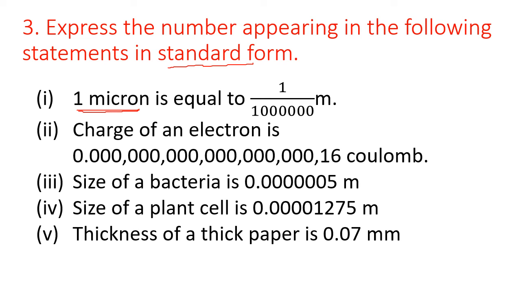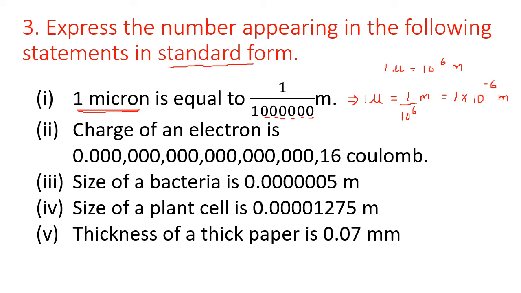So 1 micron is also written as 1 mu. 1 micron is 1 upon 10 raised to 6 meter, or 1 into 10 raised to minus 6 meter. So you have to write this as 1 micron equal to 10 raised to minus 6 meter.